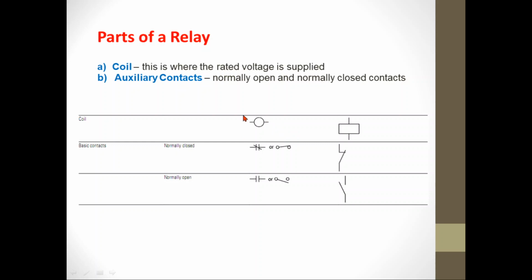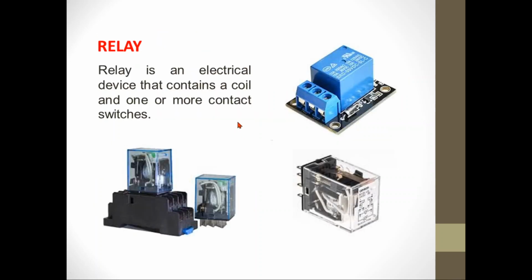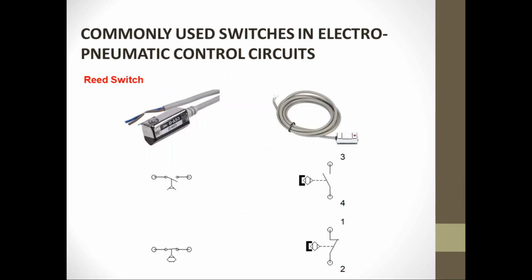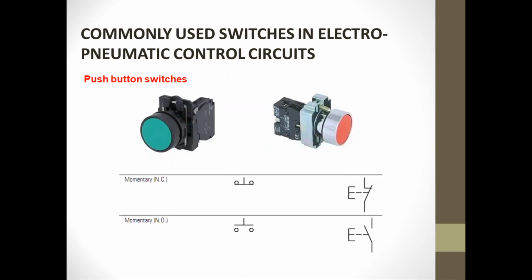Now unlike a push button, where when the device is pressed, for example, a normally closed push button becomes open, and when it is released, it goes back to its closed position.